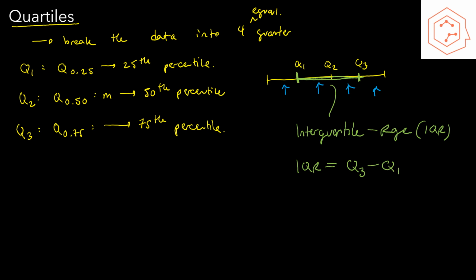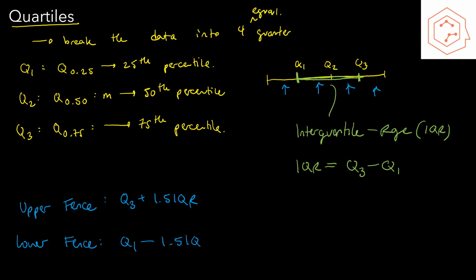And this value is really important because from it we can get some values that are called the fences. So we have 2 fences, an upper fence and a lower fence. The upper fence is equal to the third quartile plus 1.5 times the IQR, and the lower fence is equal to the first quartile minus 1.5 times the IQR.